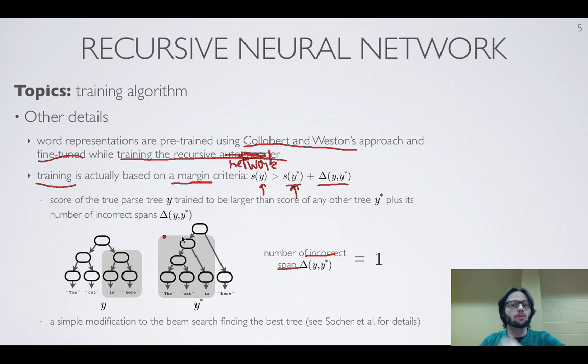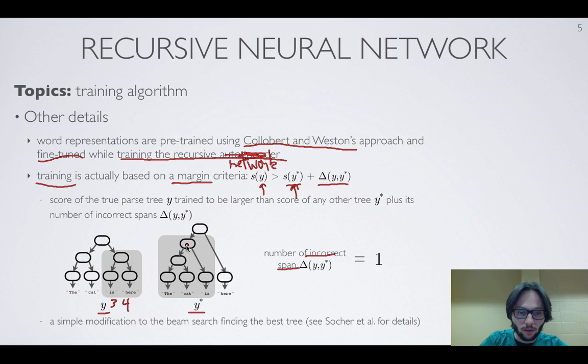So just to give an example to make this more concrete. Imagine that the true parse tree was y, and then we're considering the number of incorrect spans with respect to, say, predicting y star here. Then there would be one incorrect span, and that's because at this internal node, we're spanning the words from position 3 to 4, whereas in this other incorrect parse tree y star, there are no nodes that span from 3 to 4.